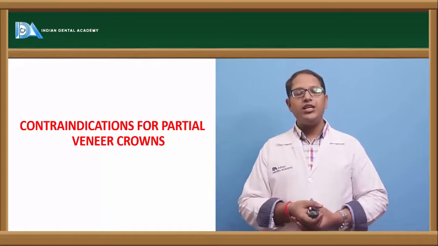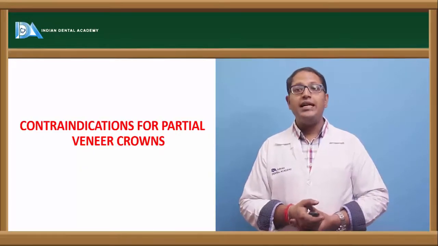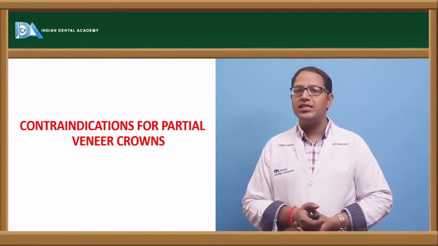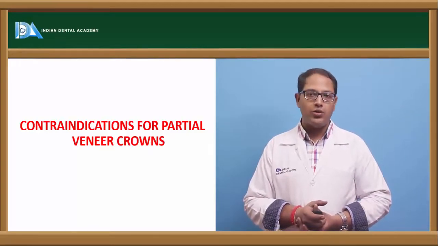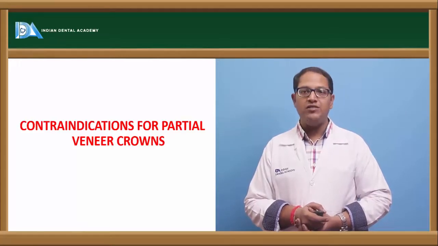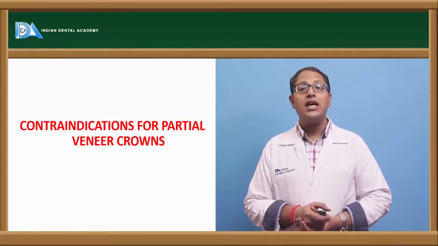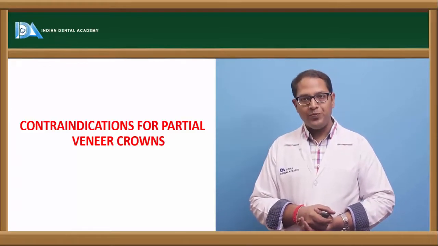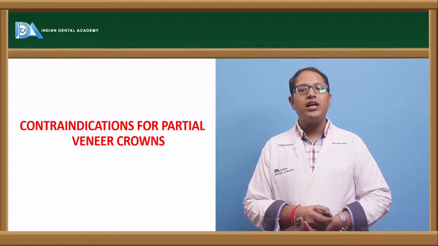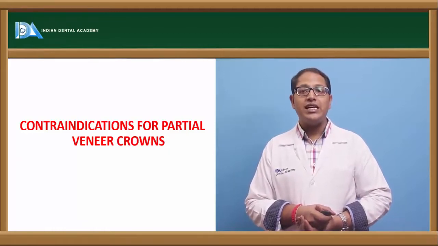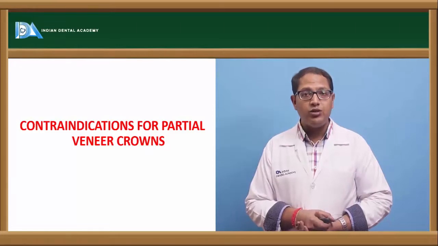Coming to contraindications of partial veneer: high caries rate, unprepared surface as well as increased margin susceptibility to caries, we cannot go ahead with those cases. Teeth with extensive restoration, partial veneer crowns are preferred on sound tooth, not on excessive destruction of the teeth. Deep cervical lesion, difficult to establish a finish line, do not go with partial veneers. If area is sensitive, complete coverage crown is a better option.